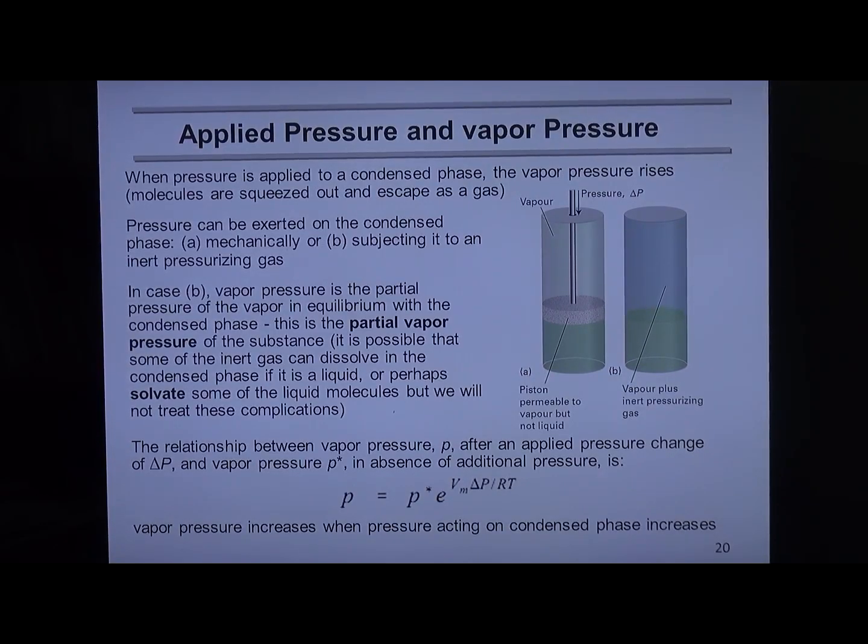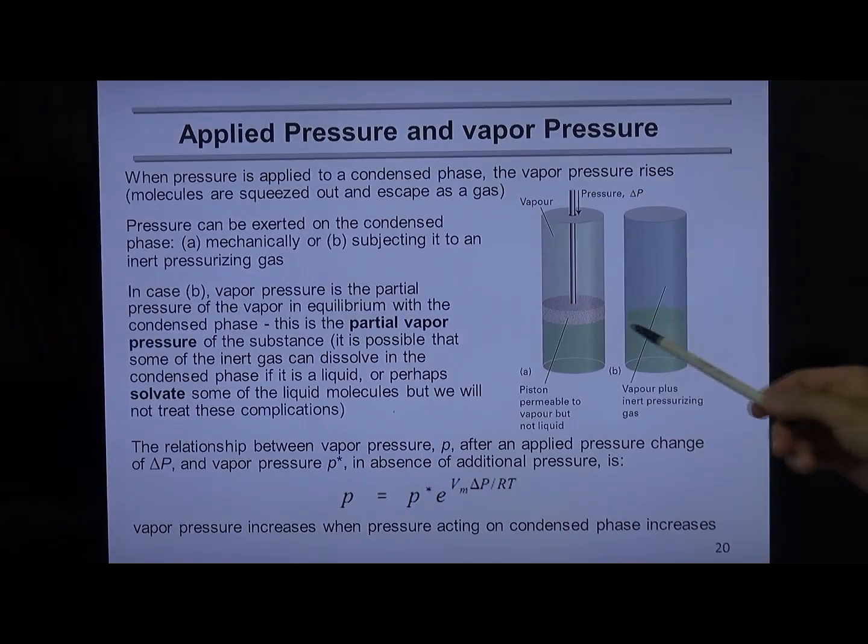Or similarly, we can exert pressure on this liquid by using an inert pressurizing gas, right? Some inert gas, such as helium or neon, to simply increase the pressure exerted on this liquid.